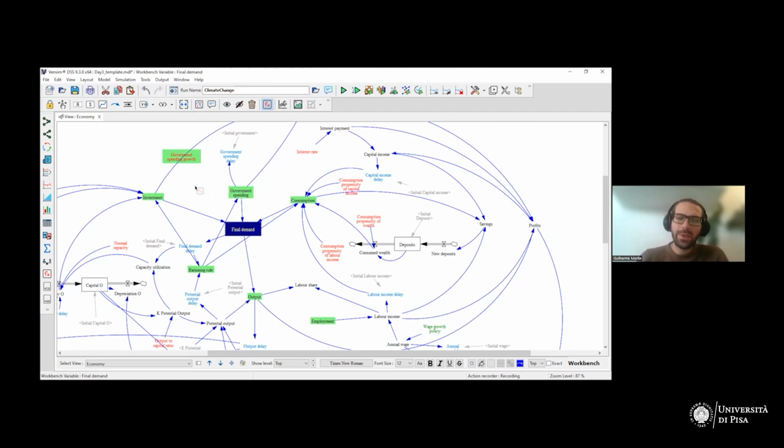I don't know if I was able to be clear, but assume that we have a constraint during 5 periods, and I constrain only final demand and not government spending. It means that during these 5 periods, government spending keeps increasing, and then in the 6th period, when the constraint is no longer active, it will be at a much higher level than the one compatible with the final demand. So the objective is to avoid these distortions.